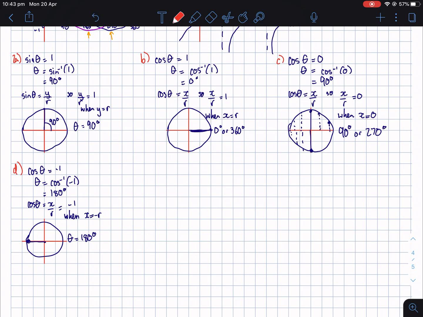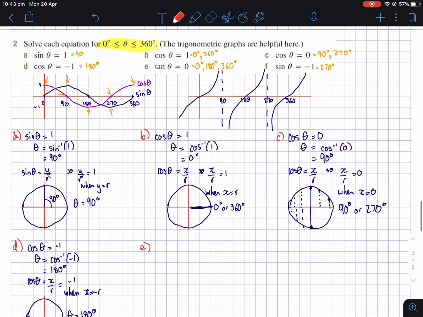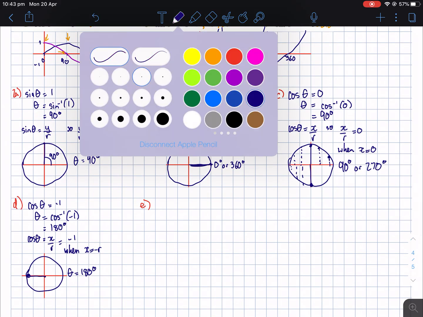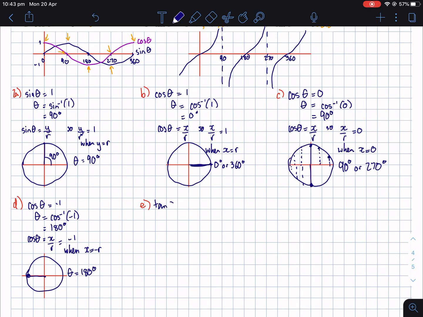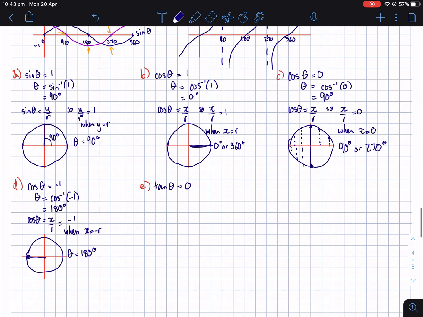Okay, question E, they're saying tan theta equals 0. So theta equals arctan 0, which is 0. So tan theta is y on x. And we're saying it equals 0, but this has to be when y equals 0.